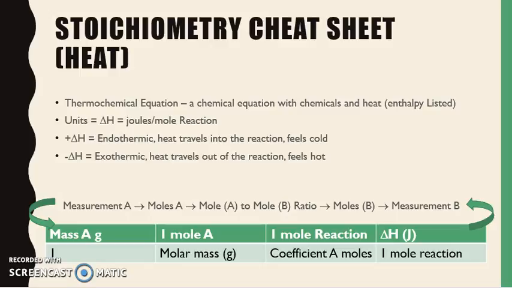On the top it says 1 mole reaction over whatever the number of moles is of that original chemical in your chemical equation. So say in your equation you had 5 moles of CO2. Then a 5 goes on the bottom, but it's always 1 mole reaction on the top because that's what was present in your equation that was balanced. So that's basically how you could go between mass and joules.